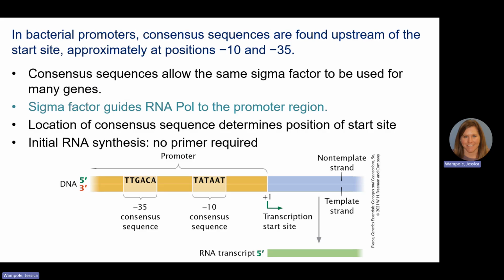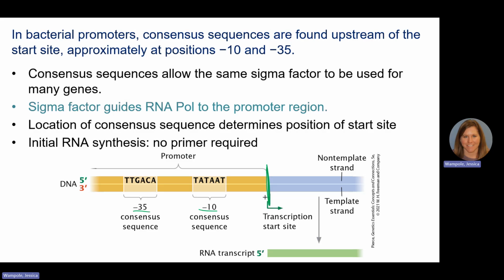So when the RNA polymerase binds, here we've got the -35 and the -10. Those are locations so that RNA polymerase gets to the right spot, so that the very first thing it transcribes is the very first base pair in the messenger RNA sequence.